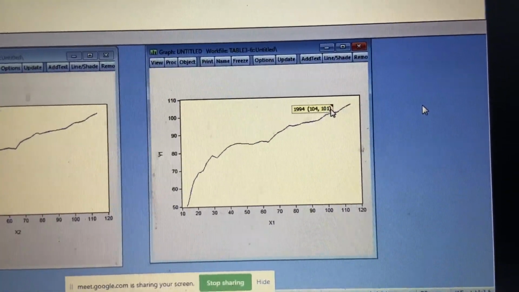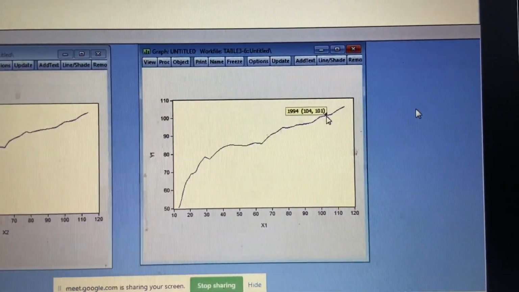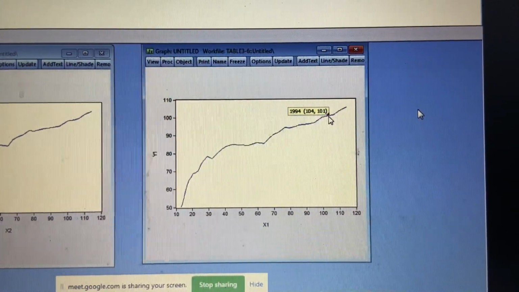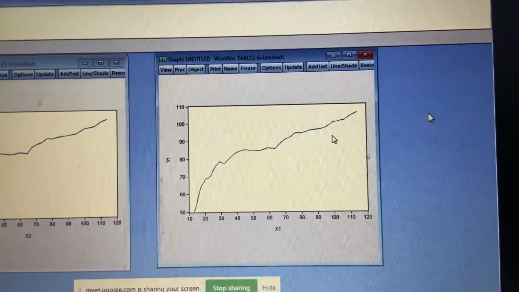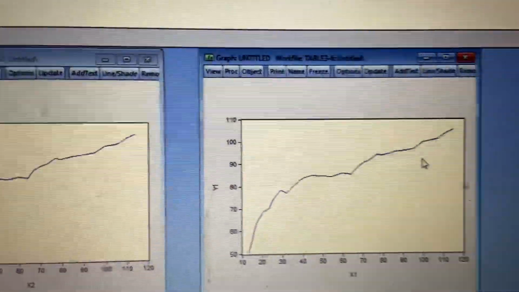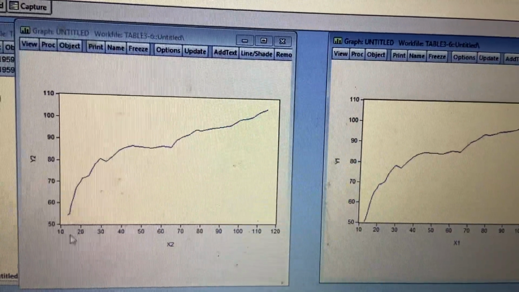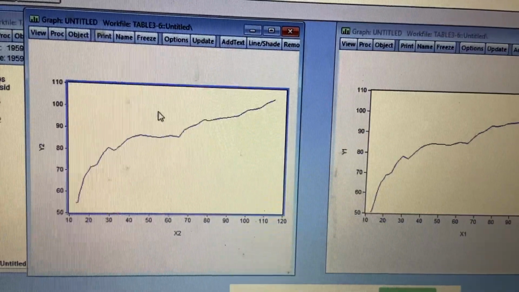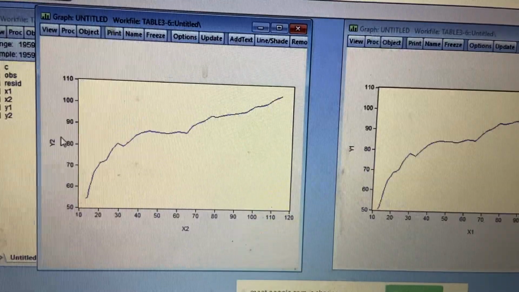So we have the relationship that the higher output will lead to the higher compensation. See, higher output leads to higher compensation. See, clear?